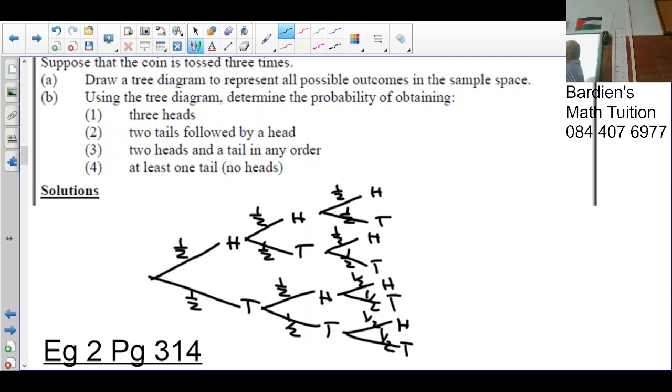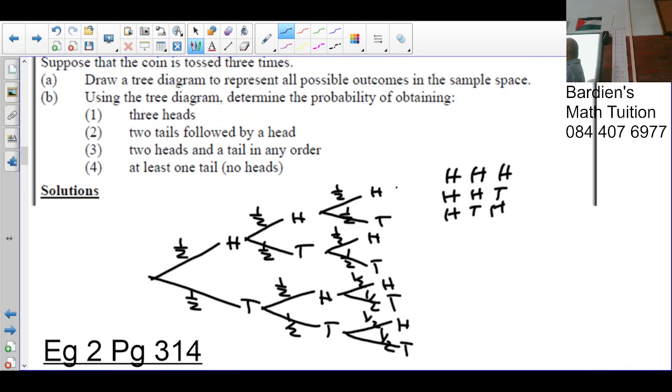So what are my outcomes if I follow this branch? It will be heads, heads, heads. What I do is I do it in order so that I don't miss any. So I go heads, heads, tails. Then heads, tails, heads. I'm not going to go heads, heads again because I've exhausted both already.